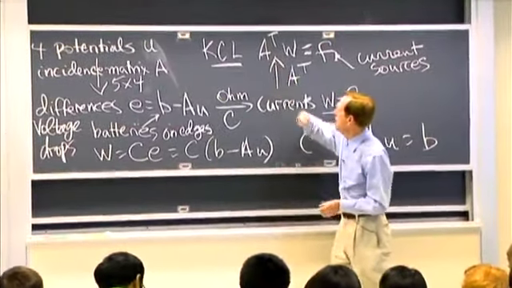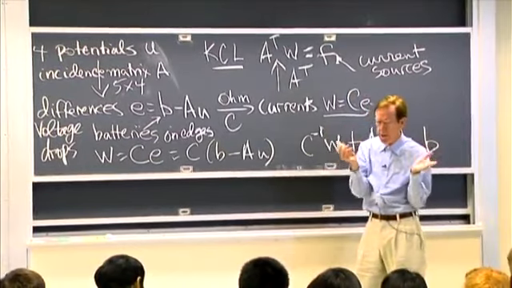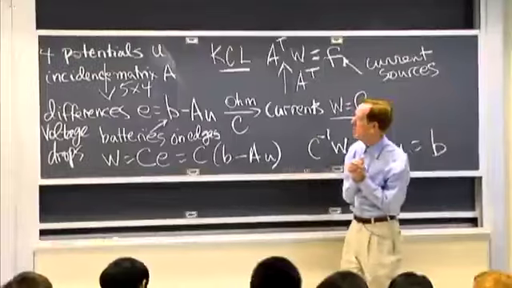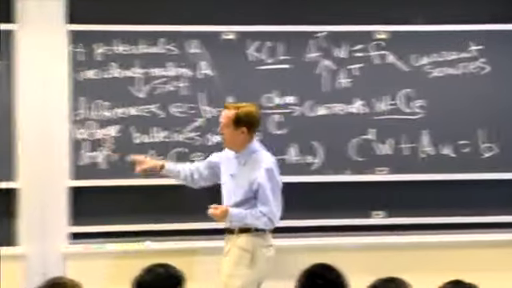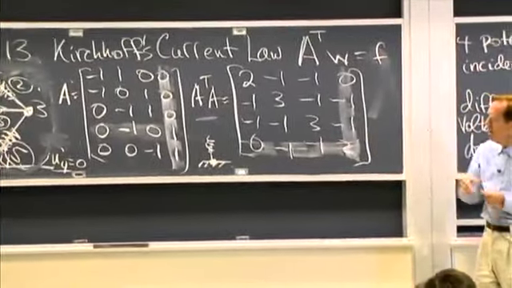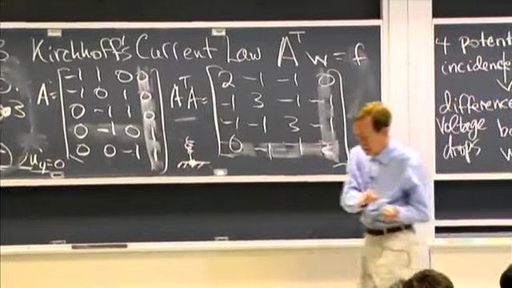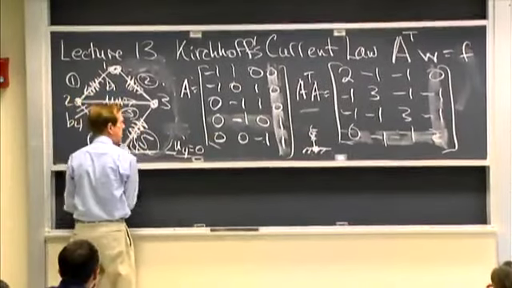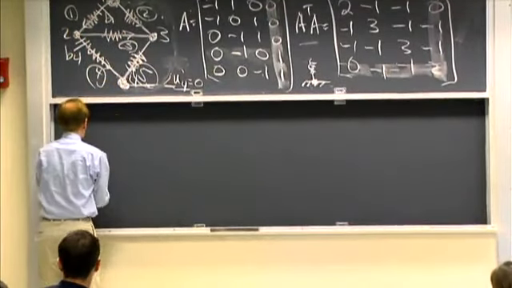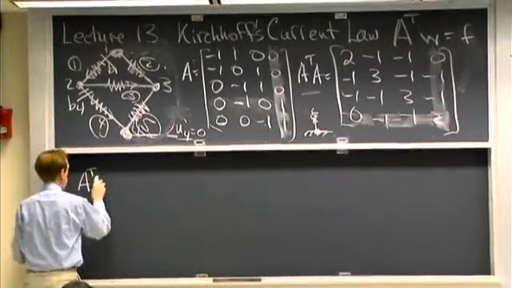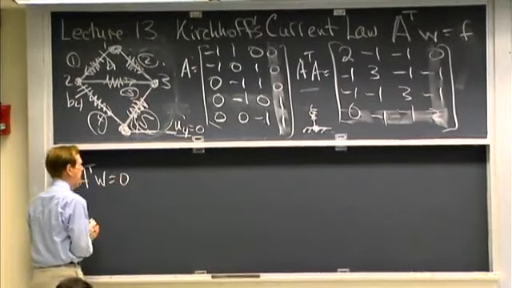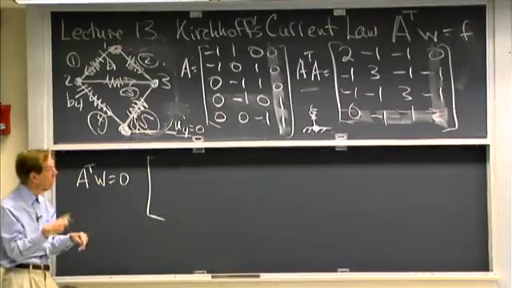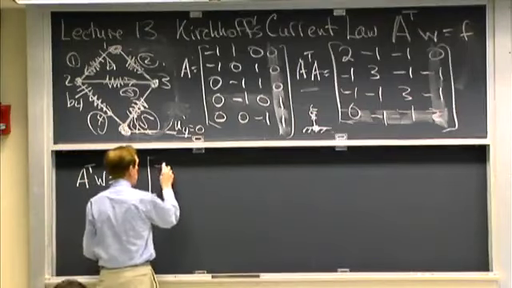Now we have the whole pattern here, except that I really have still to justify the fact that it truly is A transpose, the transpose of that matrix that comes into Kirchhoff's current law. I guess in the first minute of the lecture, I looked at that particular node. Let's look at all the nodes. Let me look at A transpose W equals 0. Okay. So I'll copy A transpose because I truly believe that Kirchhoff would want me to do it.